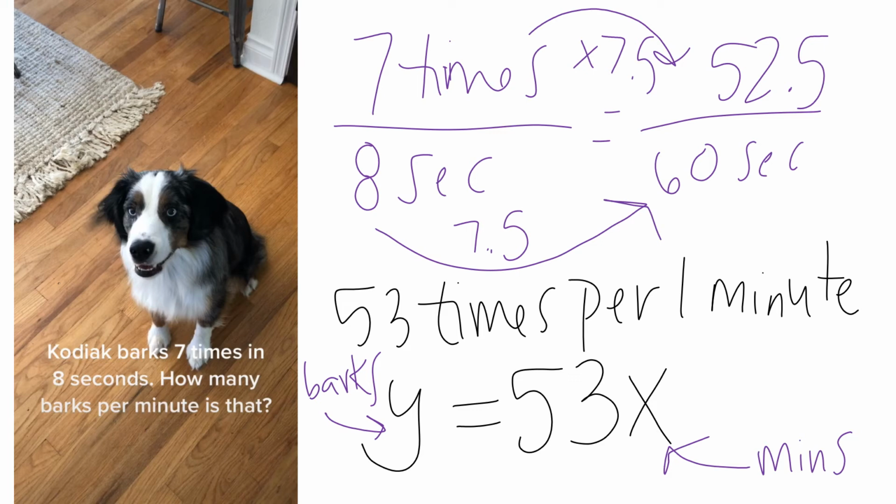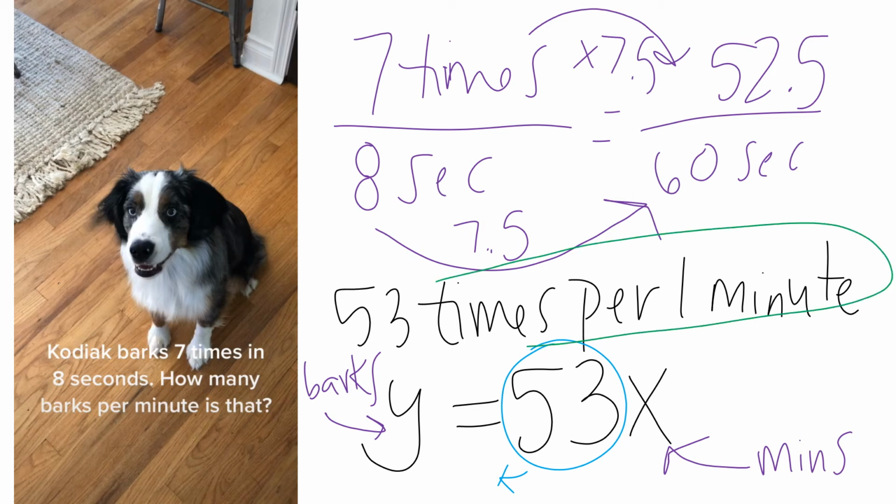So this means, looking at our equation, 53 is our constant of proportionality because it's what we are constantly multiplying the number of minutes by to get the total amount of barks. The other way you know it's the constant of proportionality is because it's the unit rate per 1 minute, and that's what we wanted to find, the amount per minute.